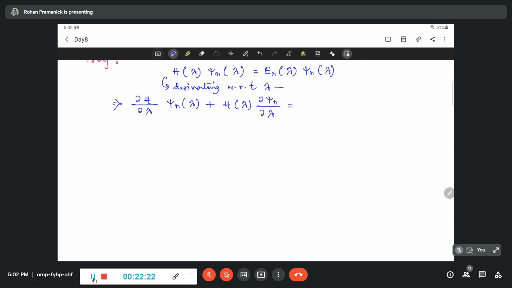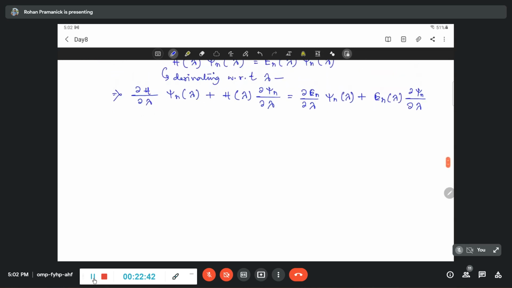On the right-hand side you have del En del lambda psi n lambda plus En lambda del psi n del lambda. Now multiply by psi n star lambda and integrate.